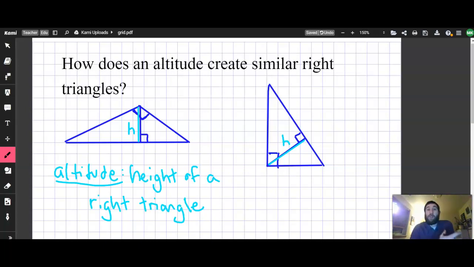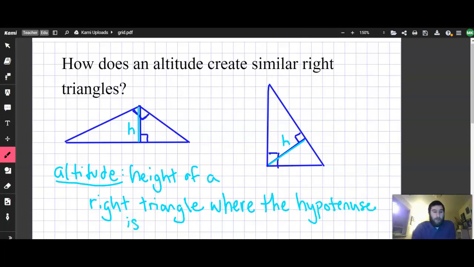Both of those mean the same thing. And so the height of the right triangle where the hypotenuse is the base.